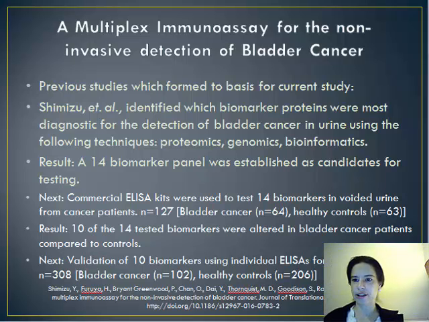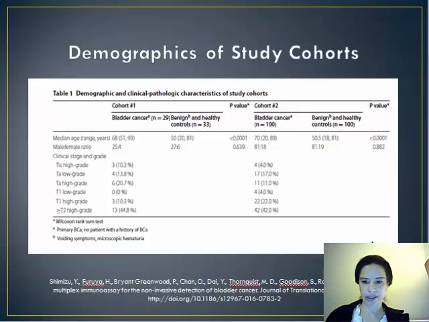This was really exciting news, and from that, they decided to take these 10 and further validate them with a sample set of 308 patients. They were able to obtain 102 bladder cancer patients and 206 healthy controls.